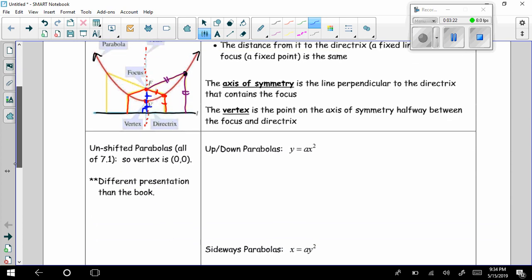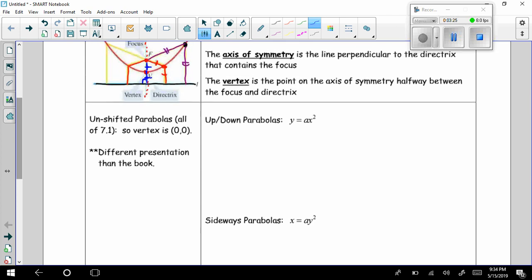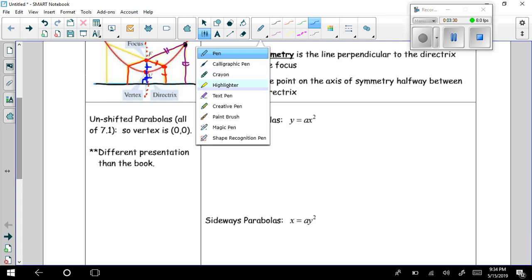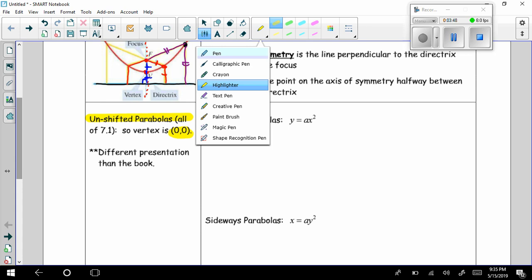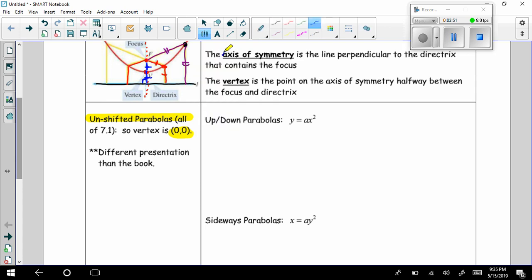Okay, so getting all those basic definitions out of the way, we're going to look first at an unshifted parabola. Keep in mind, as always, that this is your parent function. So we're starting with our vertex at 0, 0. And then this would be true of all of those. So if it's going up or down, you have y equals ax squared.